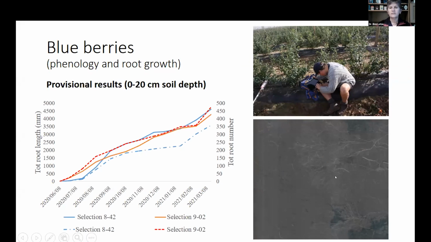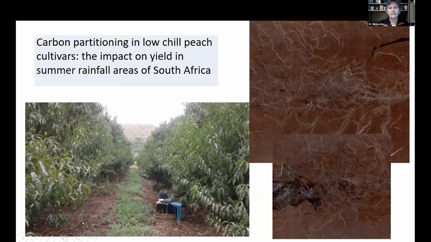What is interesting is, again, looking at a completely different picture when you look at the image of the roots. And this is when I become really, really thankful that I have a student that wants to count the roots. This is an image or a picture of the stone fruit orchard in the northern side of the country.